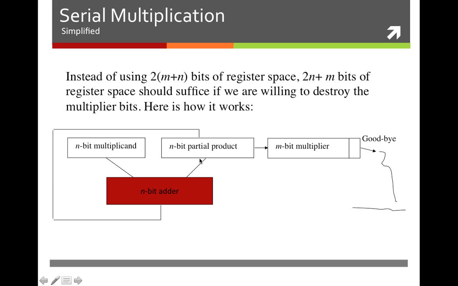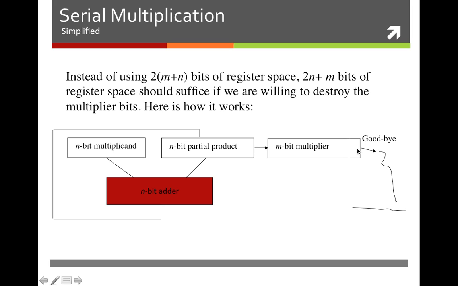Basically what happens here is that the n plus m bit space that we have between the initial m-bit partial product and the m-bit multiplier is used to finally contain the n plus m bit product.